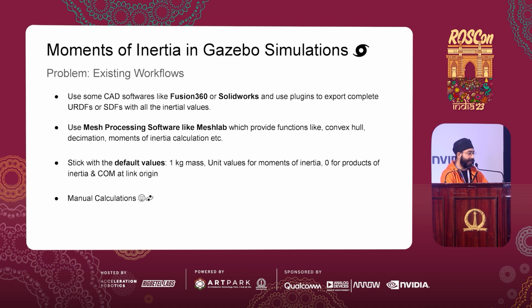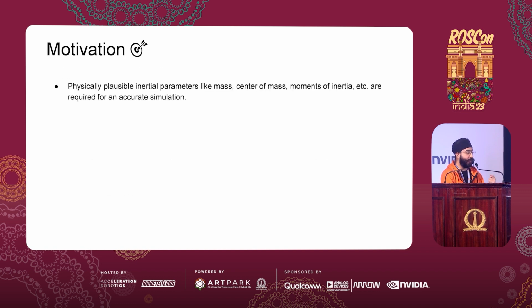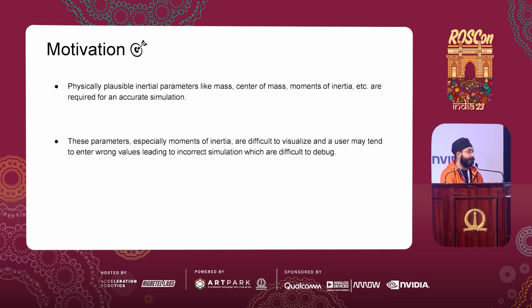So yeah, these are the existing problems, and these workflows bring the motivation for this project: physically plausible inertial values are required for an accurate simulation. These inertial values might be difficult to visualize, and if you have wrong inertial values, it might be hard to debug why the simulation is going wrong.